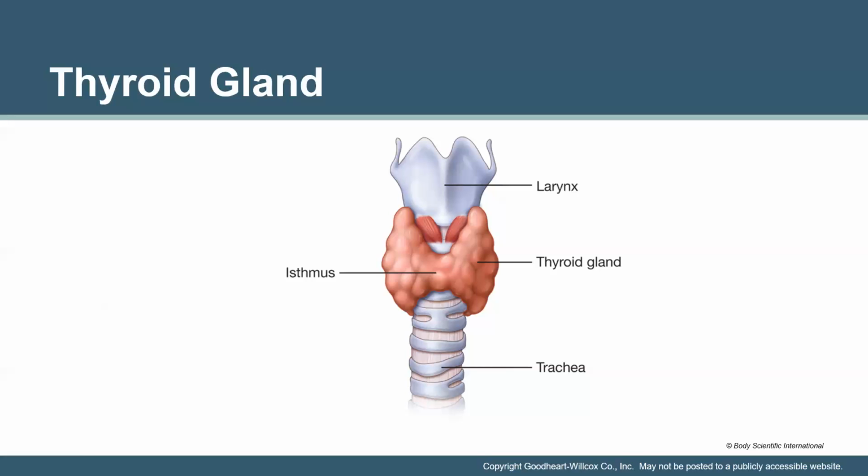T4 and T3 are formed from 2 linked amino acids called tyrosine with an iodine atom attached. T4 has 4 iodine, T3 has 3. T3 is our active form of thyroid hormone. The iodine that is required to make T4 and T3 comes from dietary intake.